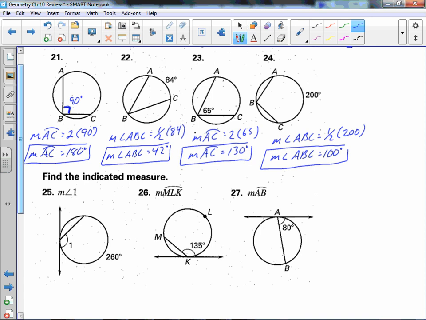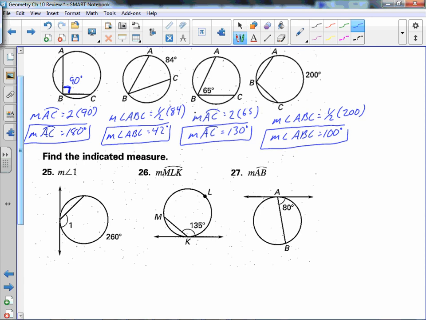The angle is half the arc, or the arc is twice the angle. So for 25, the measure of angle 1 should be half of the arc that it intercepts, which is 260 degrees. So measure angle 1 is going to be 130 degrees.